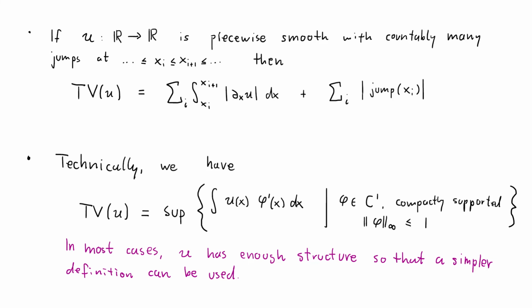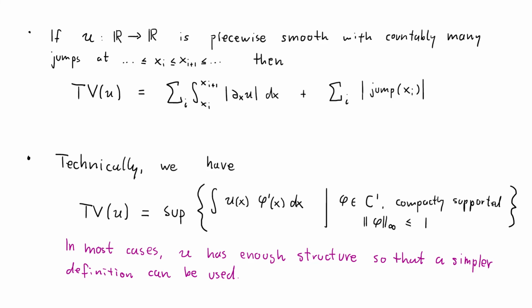And then we add the absolute values of the jumps of the function u at the nodal values xi. That formula for the total variation of u is particularly appealing because apparently it is also defined for functions that we've seen earlier in our discussion of conservation laws. After all, we have seen that the solution of conservation laws may be piecewise smooth with a few jumps in between. And for such functions, we can define the total variation.